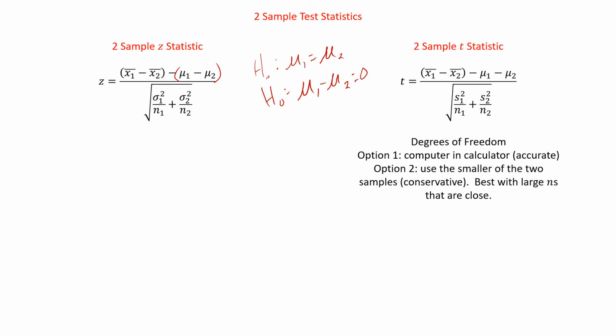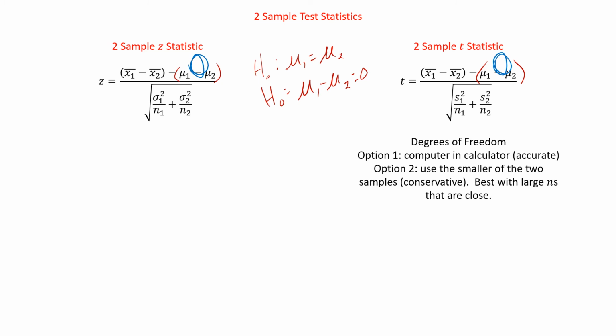It doesn't matter which one you use. The null hypothesis is that the two means are the same, however you want to write that. Because of that, both of these are actually 0.